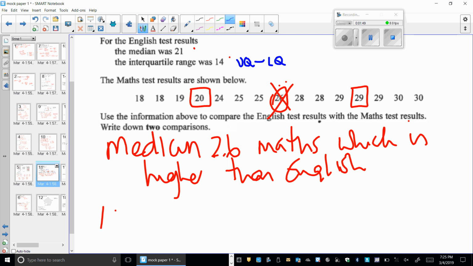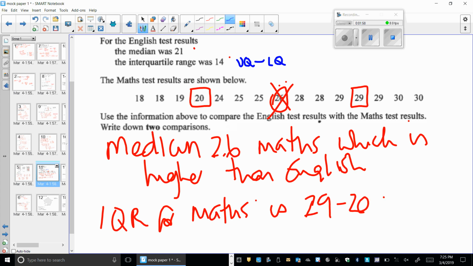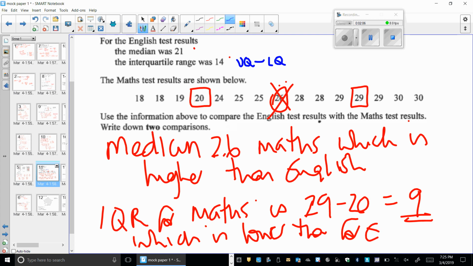So our interquartile range for maths is 29 subtract 20, which is 9, which is lower than for English. Now it hasn't said to interpret this, so I imagine we should be able to just get away with that.